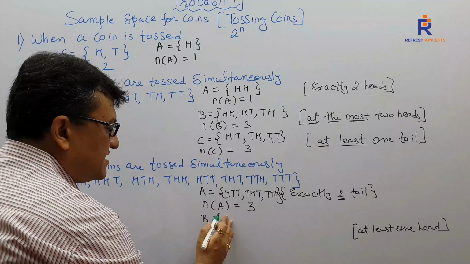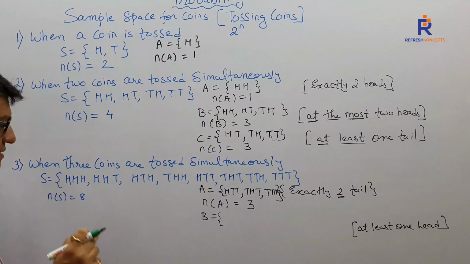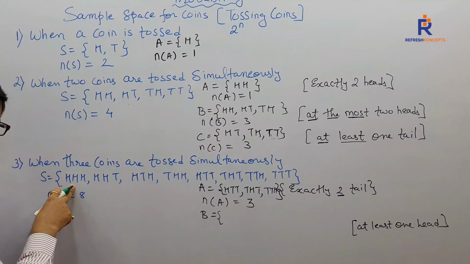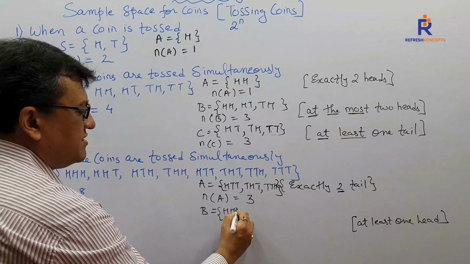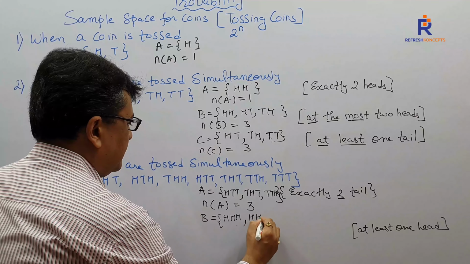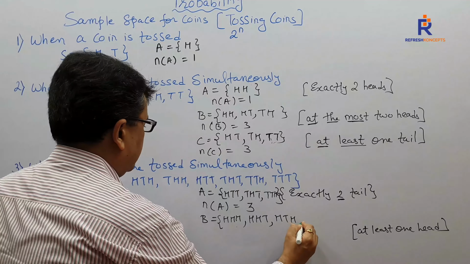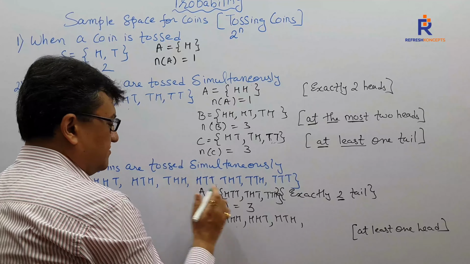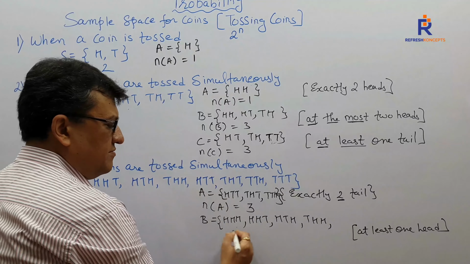So what are the sample points going to be there in my event B? At least, minimum. Is HHH going to come in this? Certainly yes. How about the next one? HHT? Yes. HTH? THH? HTT?